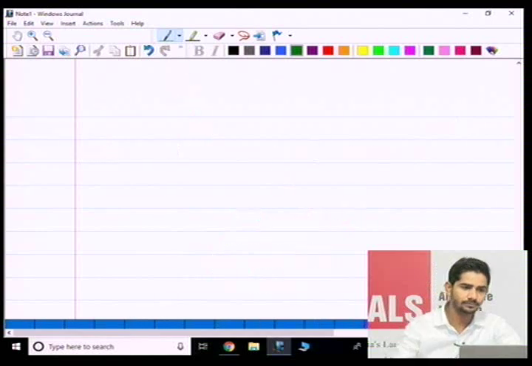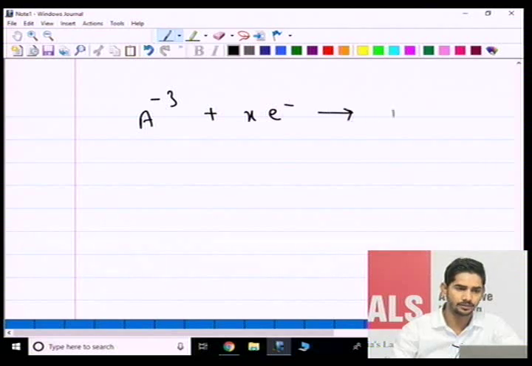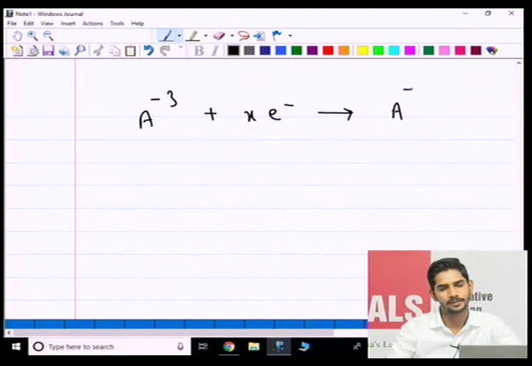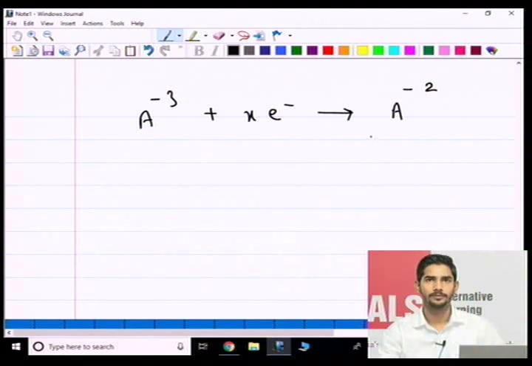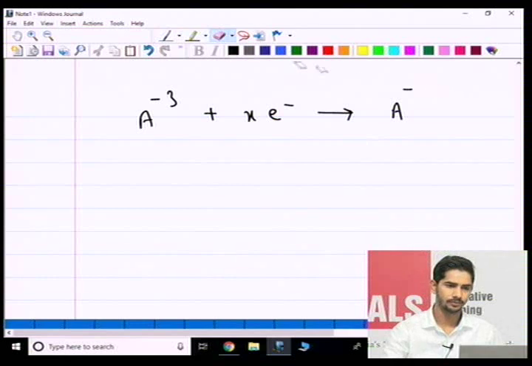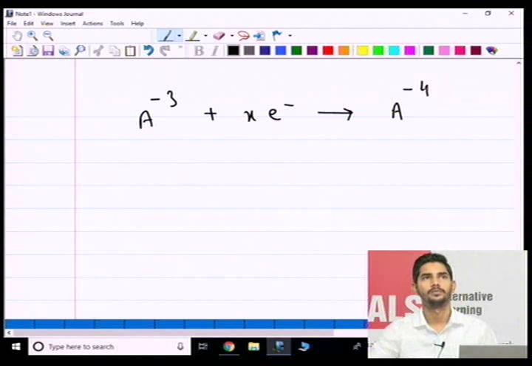See, look at this one. This is A to the power minus 3, plus x electron is giving you A to the power, let's say suppose, minus 4. What value of x can you put so that LHS will become equal to RHS?